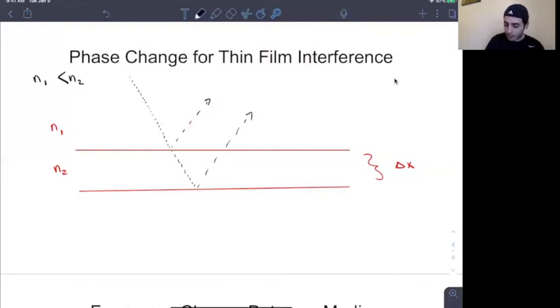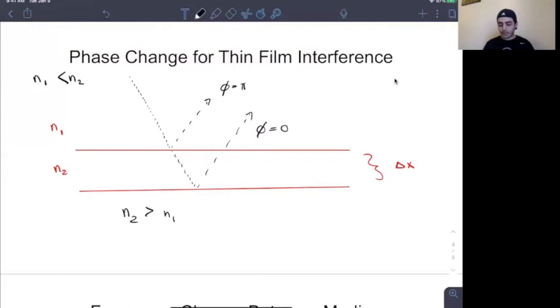So this phase change will equal pi. But if we're going from n2, which is bigger than n1, to the smaller one, there's going to be no phase change. So always keep that in mind.